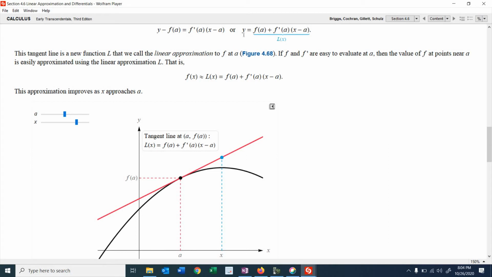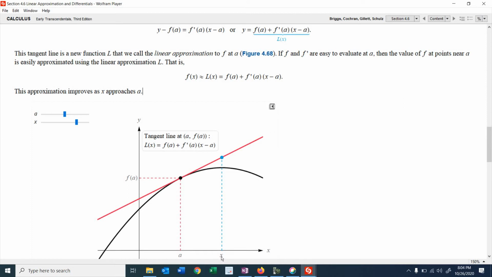And so instead of calling it y, the output y, we're going to call it L for linearization, and it's a function of x. Okay, so L of x is equal to f of a plus f prime of a times x minus a. That's going to give us this particular tangent line here.